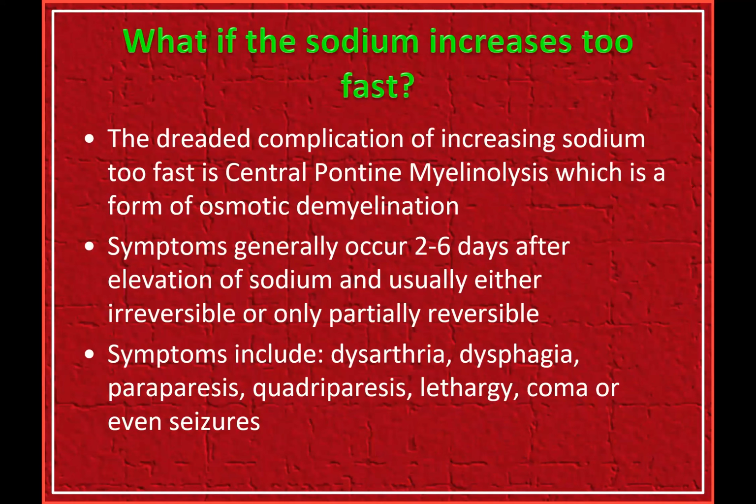So what happens if I infuse too fast? A dreaded complication of increasing the sodium too fast is called CPM, central pontine myelinolysis. Why does this occur? When you infuse the hypertonic saline faster, the blood circulating there will be hypertonic and it will draw fluid from the brain, particularly the brainstem and the pons.